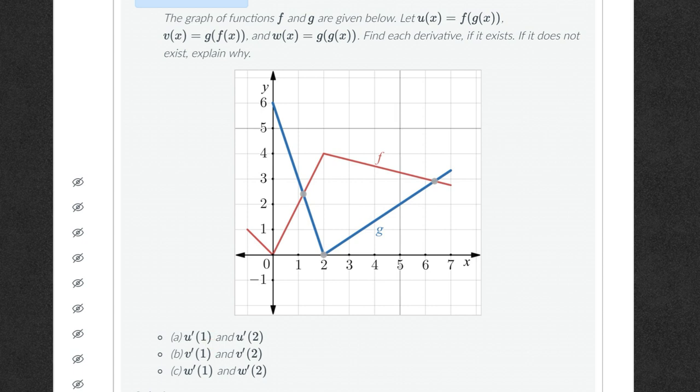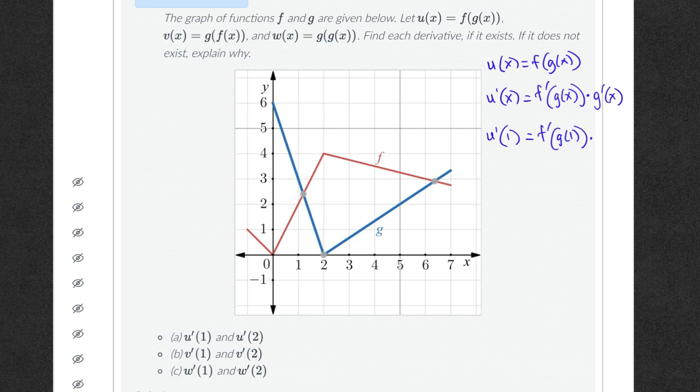If u of x is the composite of f and g, then u prime of x is f prime, and then we rewrite the inner function and multiply by the derivative of the inner function. U prime of 1 is therefore f prime of g of 1 times g prime of 1.